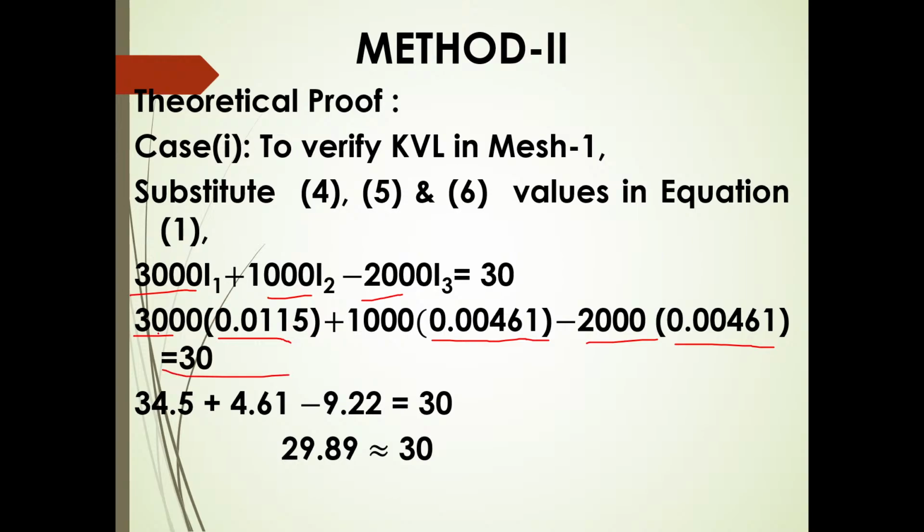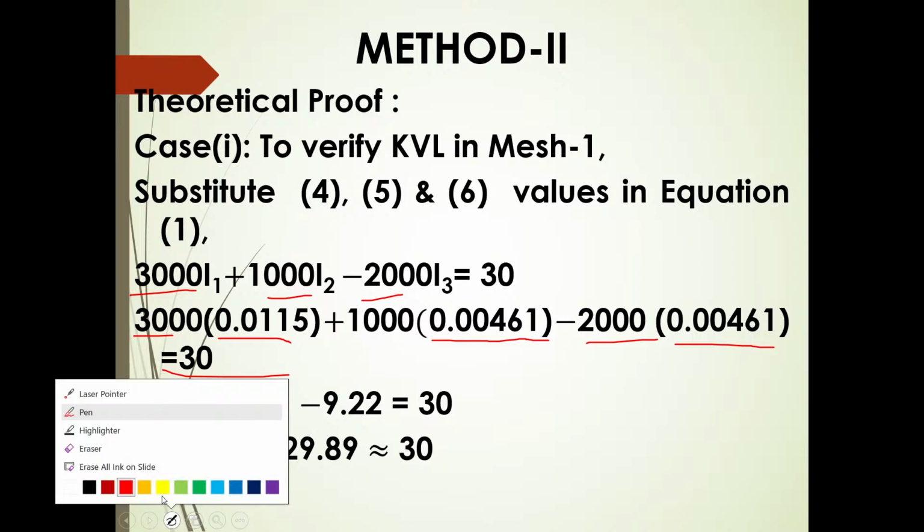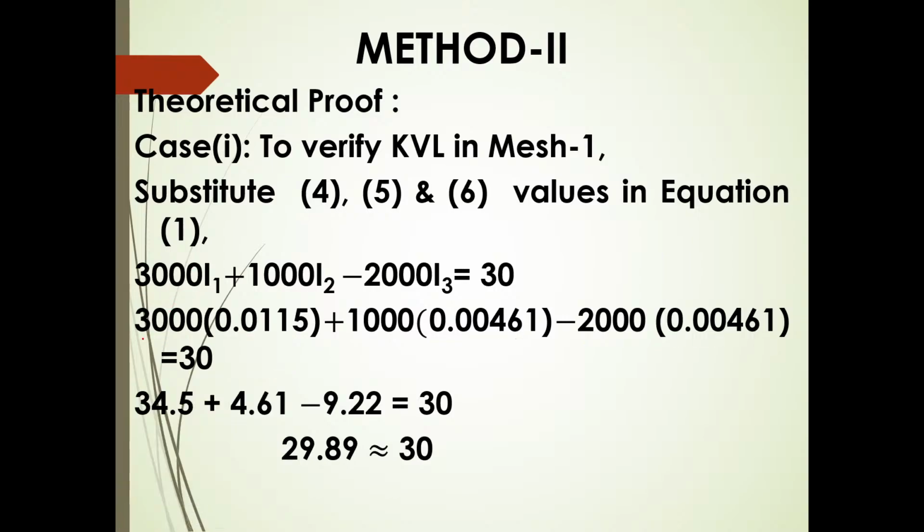So 3000 into 0.0115, what is it? 34.5. 1000 into 0.00461 is 4.61. 2000 into 0.00461 is 9.22, equal to 30. So you just solve this, you will get 29.89, which is approximately equal to 30.